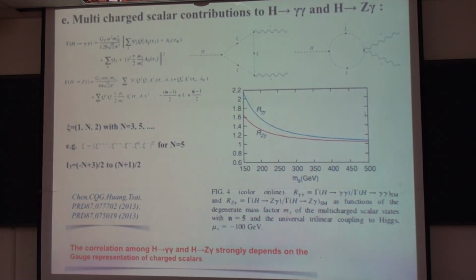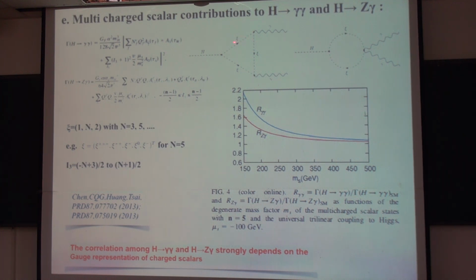This is what originally motivated us to study the multi-charged Higgs contribution to H to 2 photons and H to Z photon. As mentioned already, once you have charged scalars, there will be many additional loop contributions to the decay.